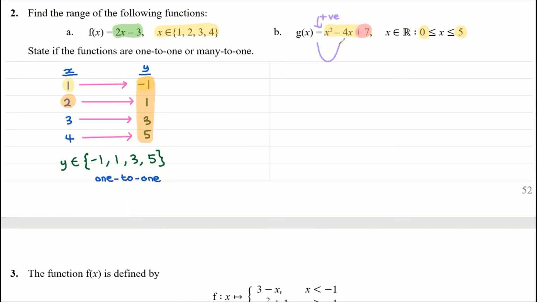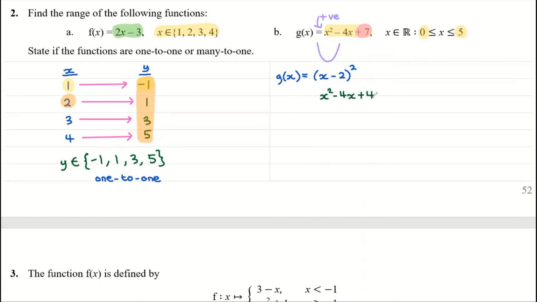And we can also discern a few of the properties by doing some algebraic manipulation. So we can just maybe complete the square. So if I complete the square on this, I'm going to halve the x coefficient and square the bracket. We would get x squared subtract 4x plus 4.